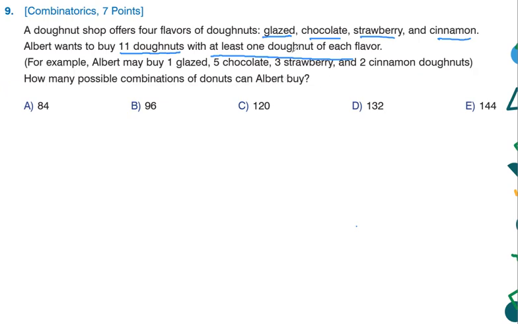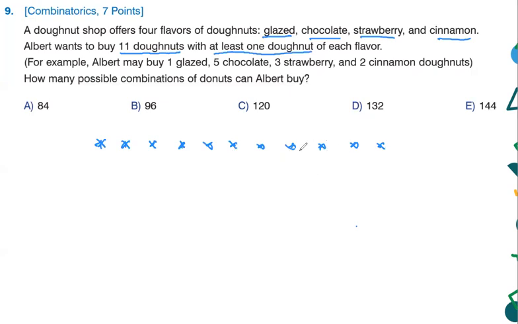So if you remember the star and bars approach, it looks like this. So we do have 11 stars. They are all identical. So we have 11 stars. Okay, so let's say 1, 2, 3, 4, 5, 6, 7, 8, 9. So 3, 6, 9, 11.